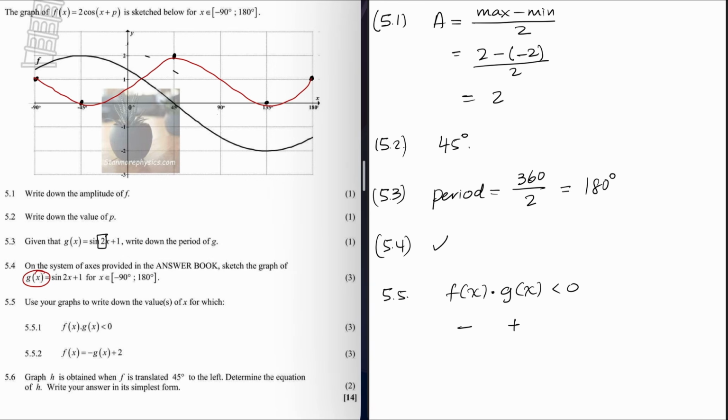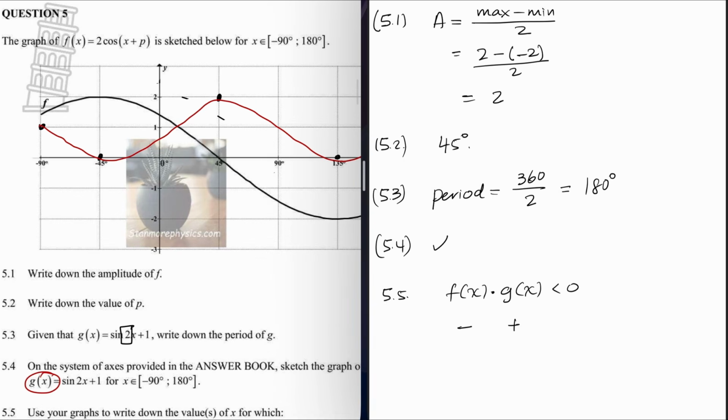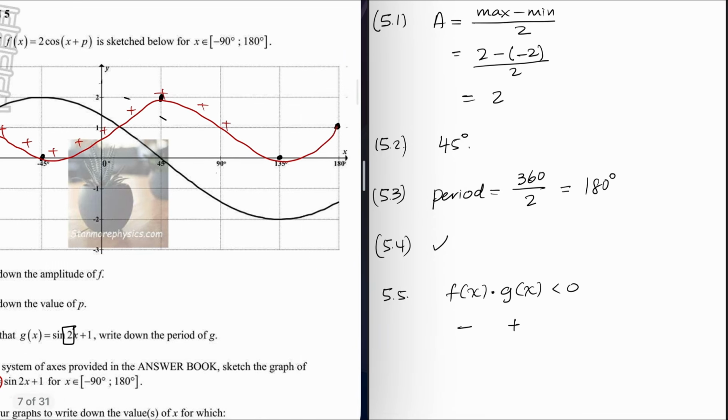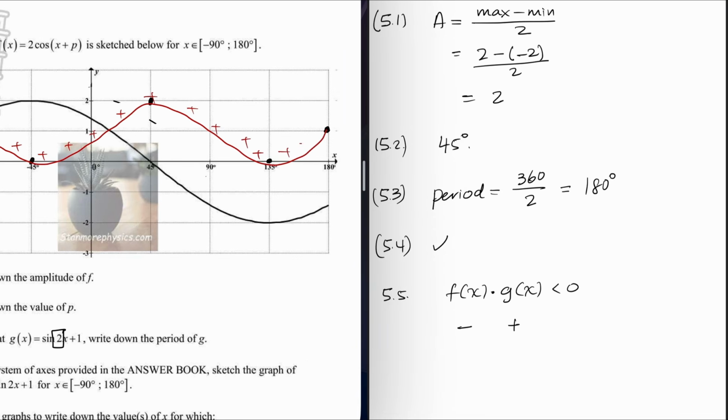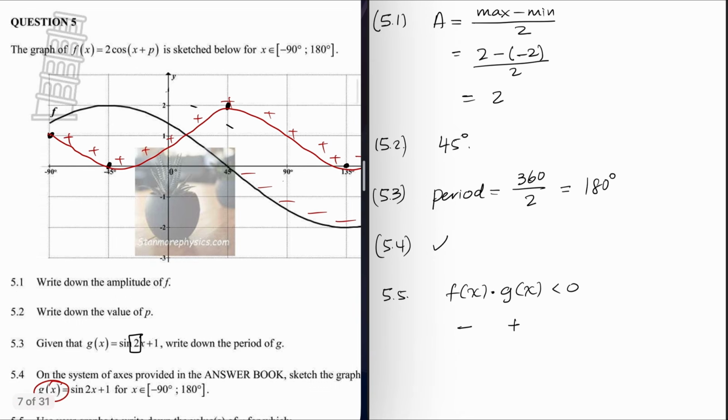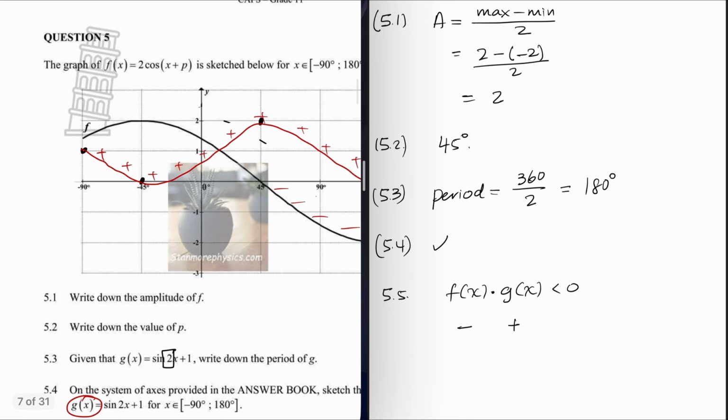That's where we are going to have a negative product. So we can see quite clearly here that g of x is positive everywhere here. Positive, positive, positive. It's never going to be negative. So what we're looking for is where f of x is negative. And f of x is negative from this point onward here. So that's going to be what we are looking for.